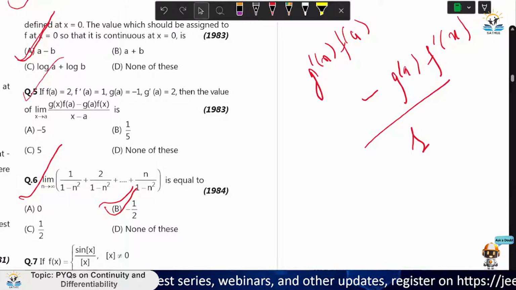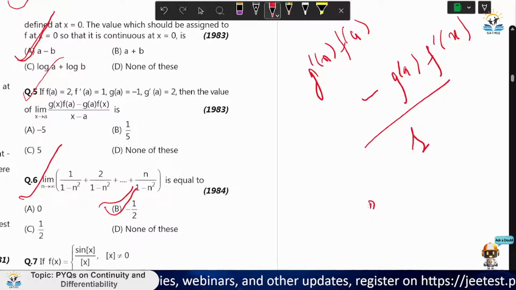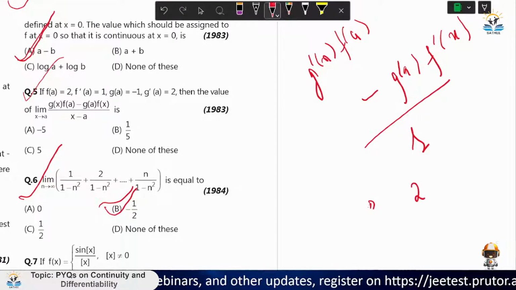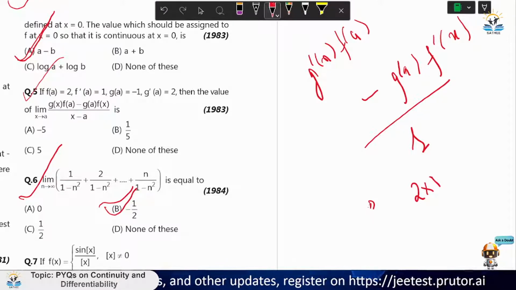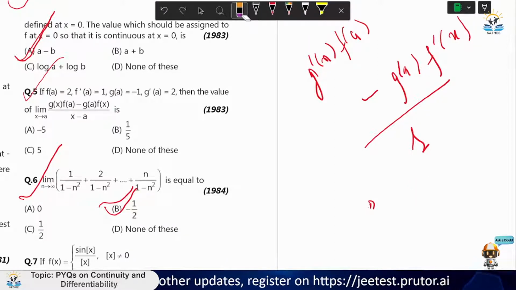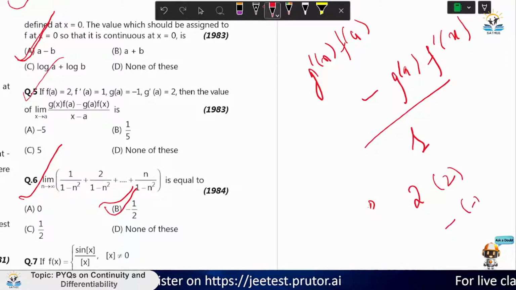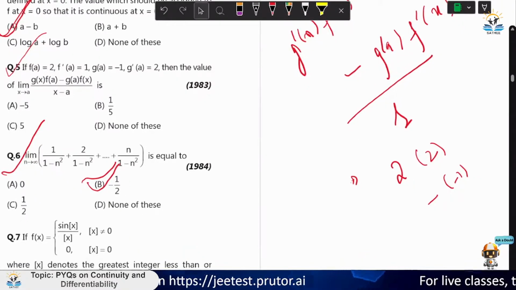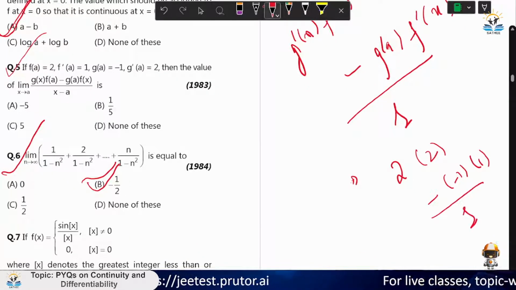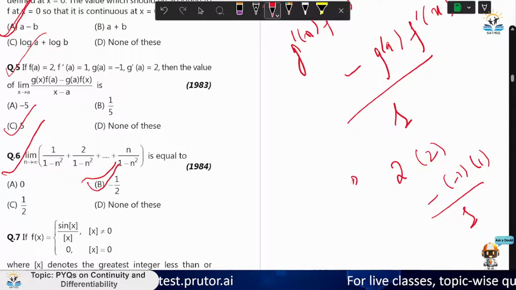I have to just calculate this, putting the value x equals a. This gives me g dash of a is 2, then f of a is 2, minus g of a is minus 1, then f dash of a is 1, by 1. So this gives me 5. I get my answer as 5.